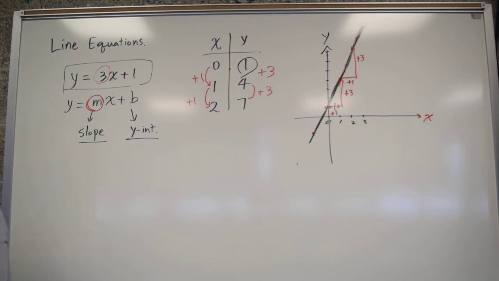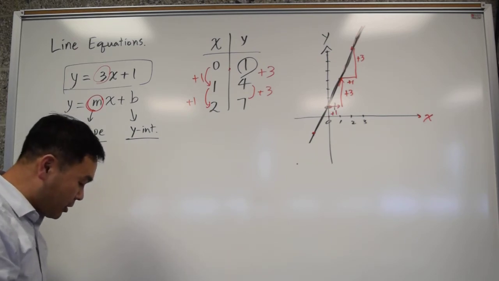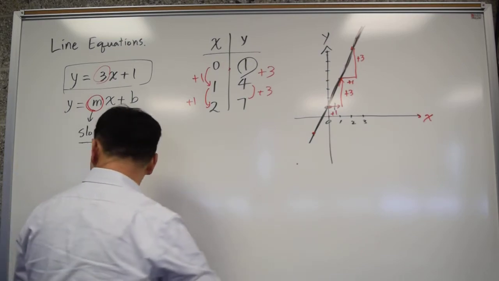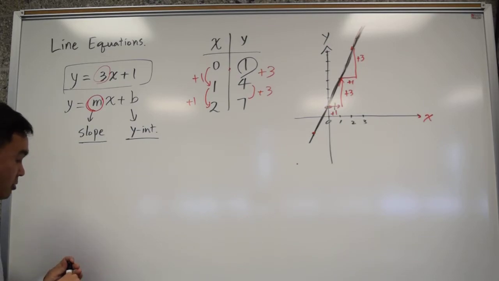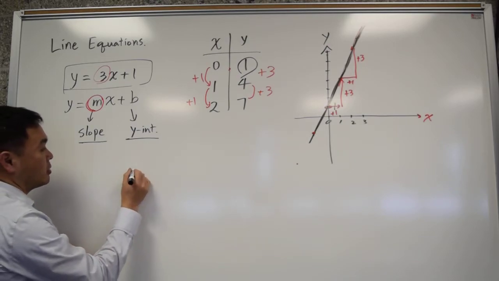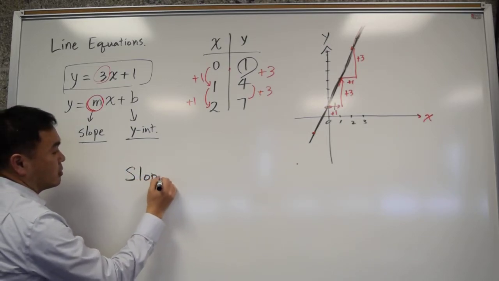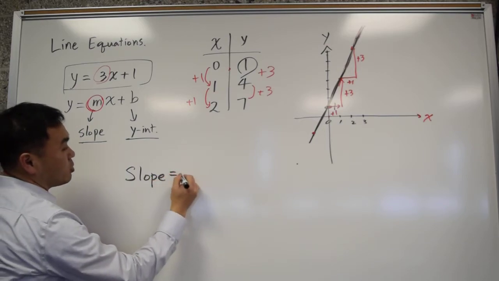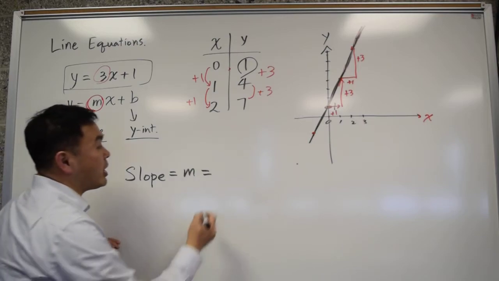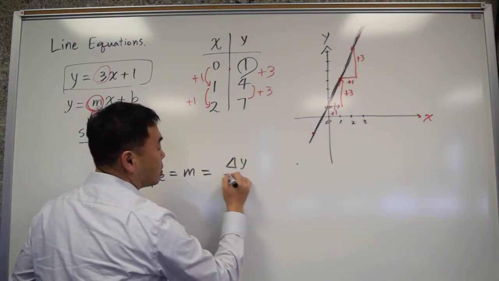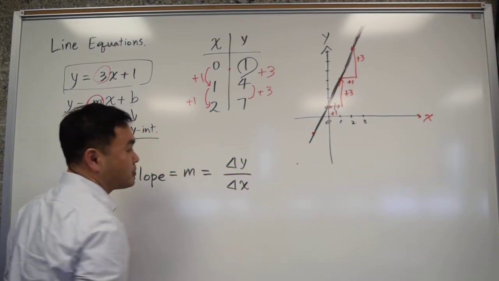Okay. Now there is a very important formula that you have to know, given from this, which is that the slope, which we usually use the letter m, is equal to the change of y over change of x.